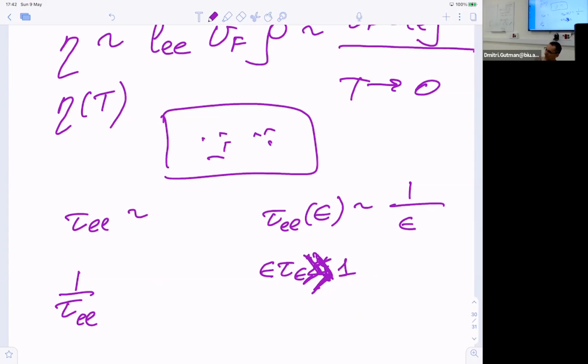So what can you construct such that it has dimensions of energy? No, forget logs. Not exponents.